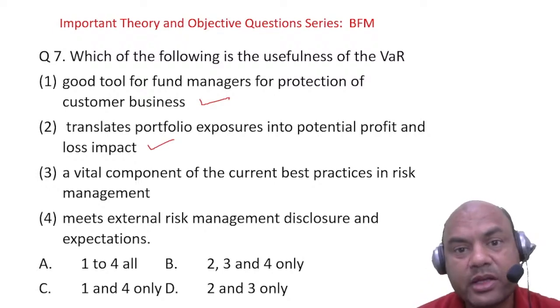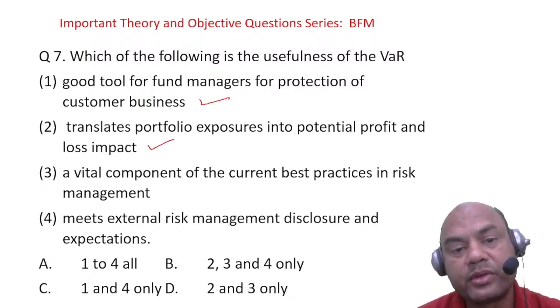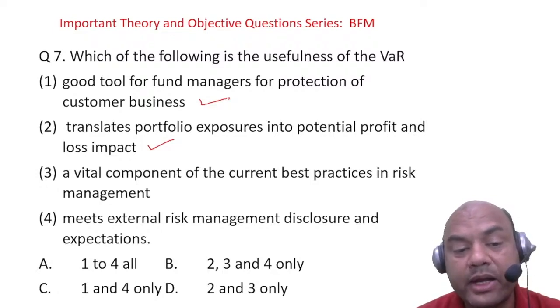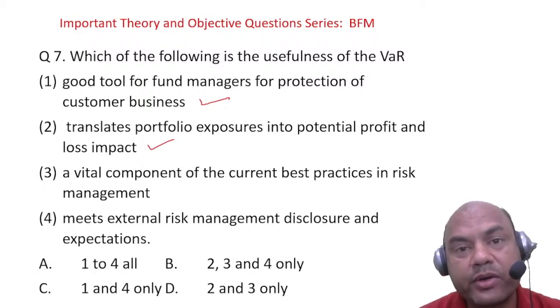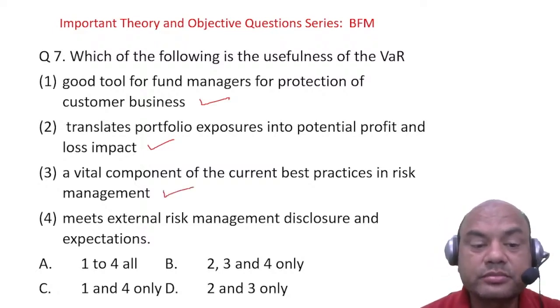Banks predict based on your VAR. A vital component of the current best practice in the risk management. Remember, VAR is the best tool nowadays available for any banking calculation. Okay? So that is also the answer.